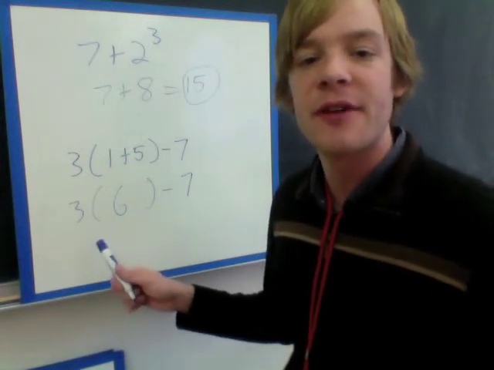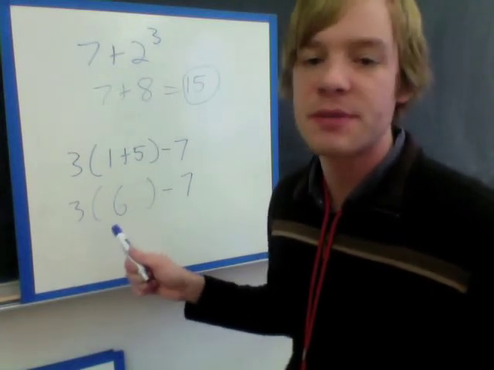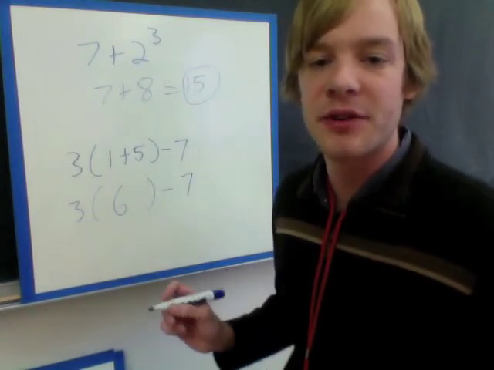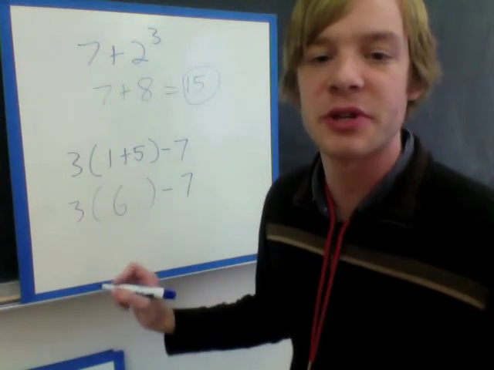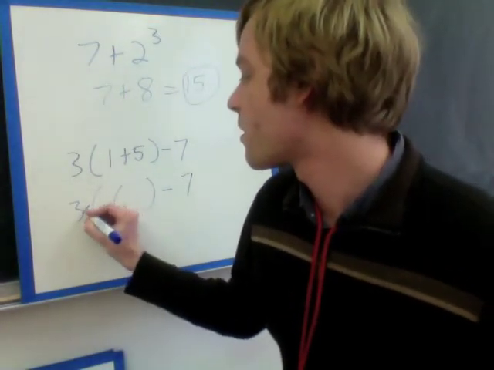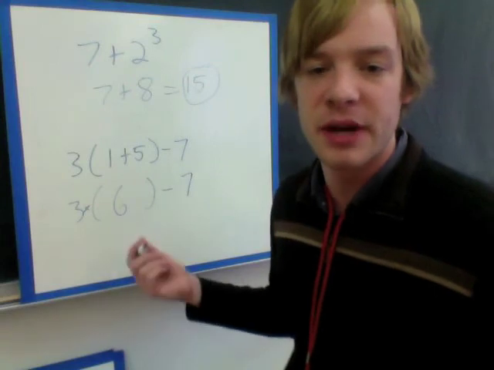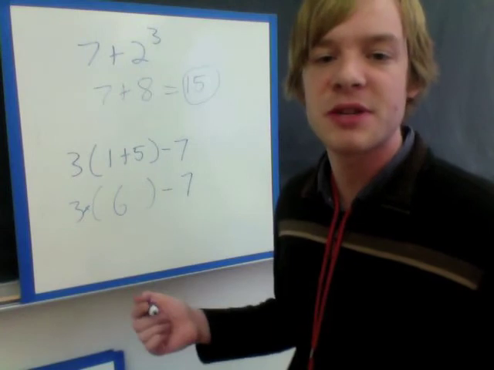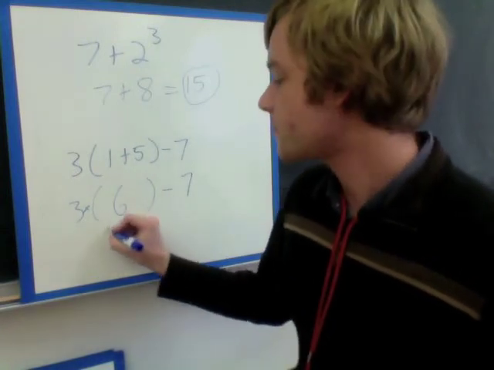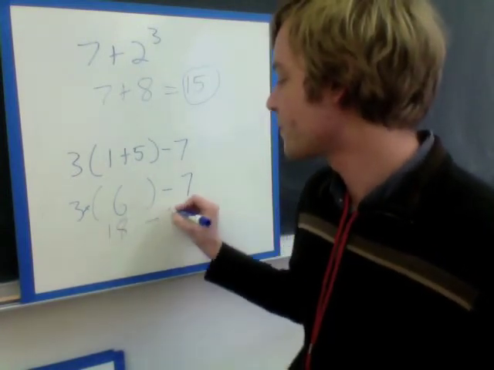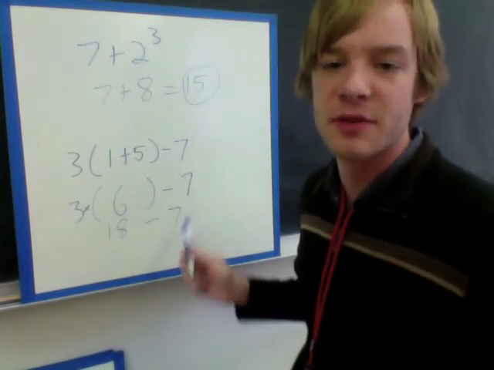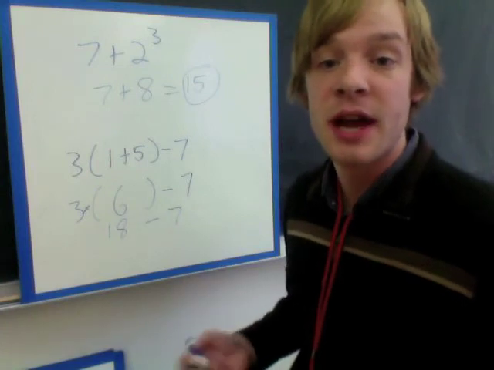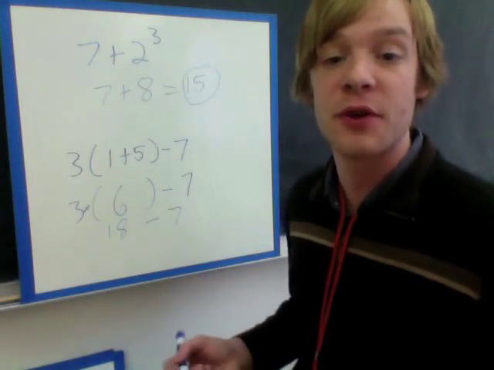Now, anytime we have a number right next to parentheses without anything in between them, these are actually multiplied together. So I'm going to put a tiny little multiplication symbol here. And you don't have to write that, but it may be helpful if you do. So we're going to multiply 3 times 6, which is going to give us 18. And we still have our minus 7, so we just bring that down along with. Now all we have is 18 minus 7, and if we work that out, we should get 11 for our final answer.